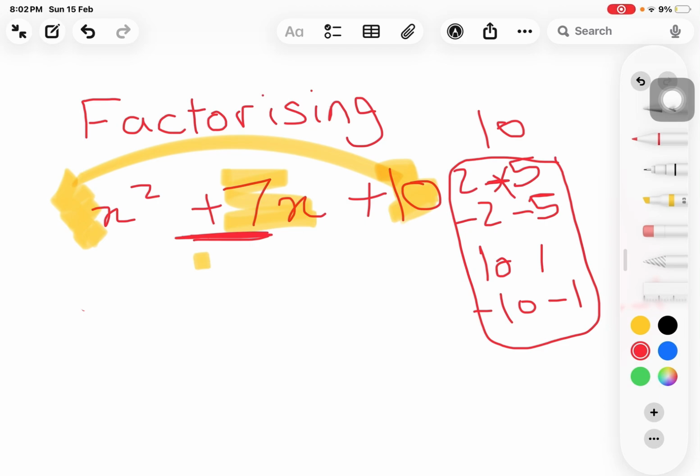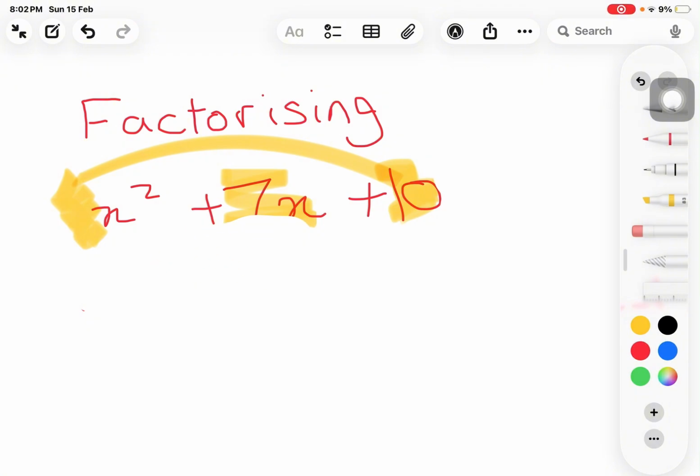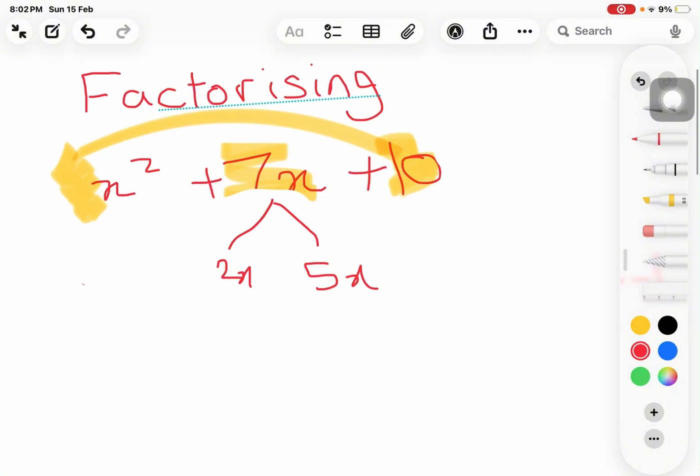Okay, now we got the two numbers, which is 2x and 5x. It doesn't matter the order.